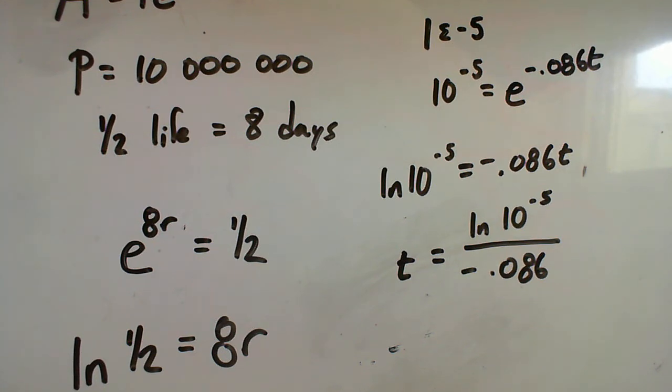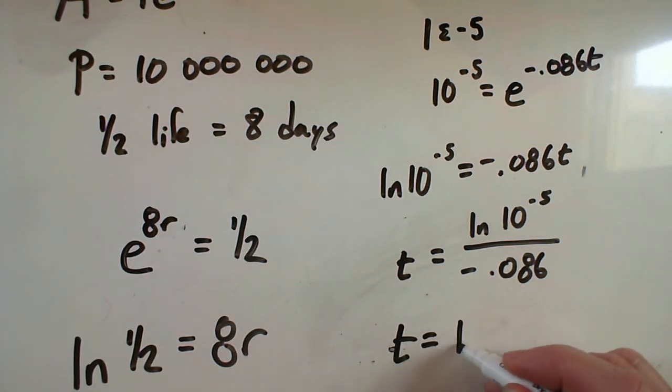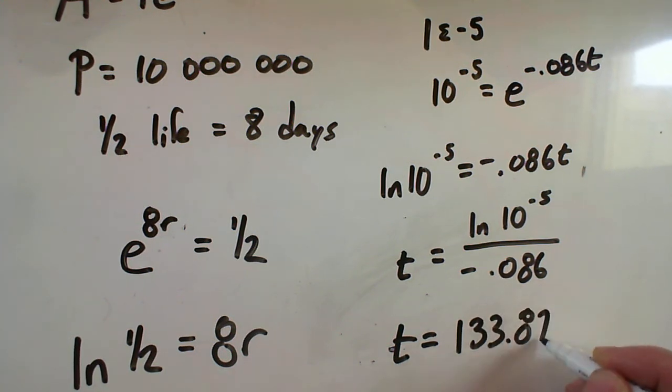Plug that into the calculator. Natural log 10 to the negative 5, divided by negative 0.086. t equals 133.87 days.